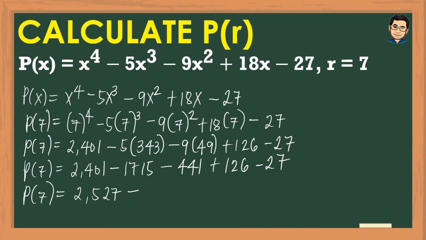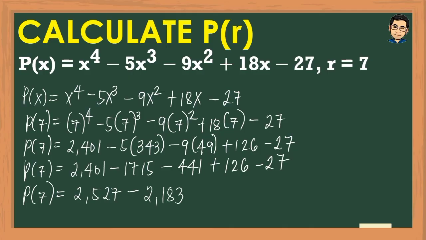So kapag pinagsama po natin sila, ang sagot po is negative 2,183. As you can see, ayan, pinagsama na po natin yung mga same positive signs saka same negative signs.